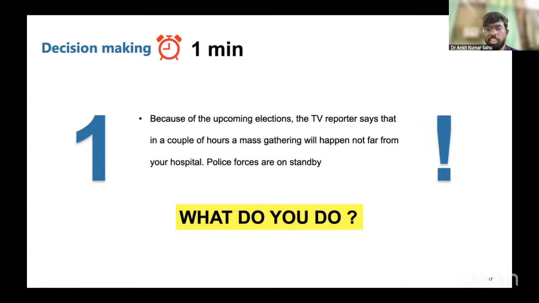Police forces are on standby. What do you do? Anyone can answer this question. We'll be discussing maybe 10 scenarios on how you are going to respond as the incident commander.